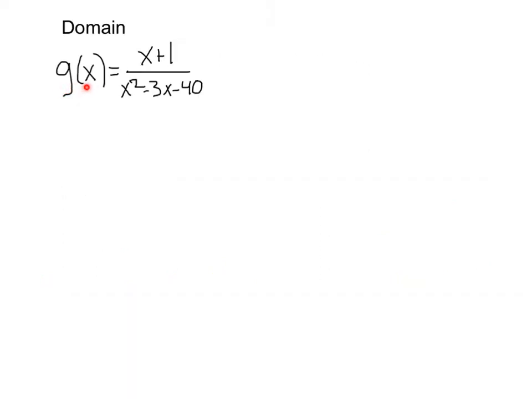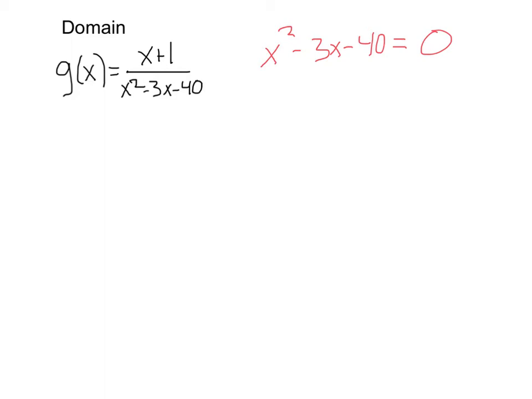Here we have g of x equals x plus 1 all over x squared minus 3x minus 40. Now I don't see a square root, but I do see a variable in the denominator, and I know that's not going to be able to be equal to 0. So what I'm going to do here is set up x squared minus 3x minus 40 equals 0, because I'm going to find out which values of x will make this x squared minus 3x minus 40 equal to 0.